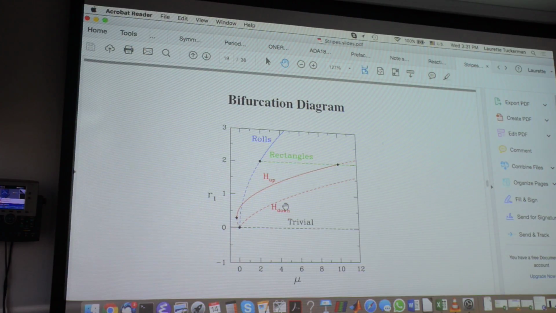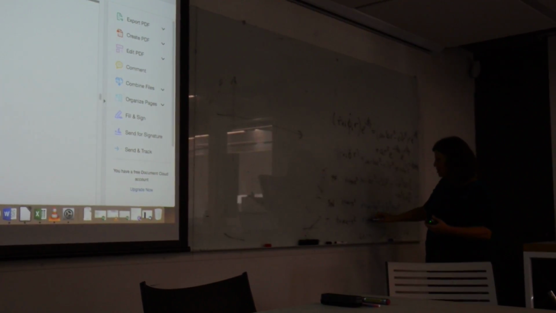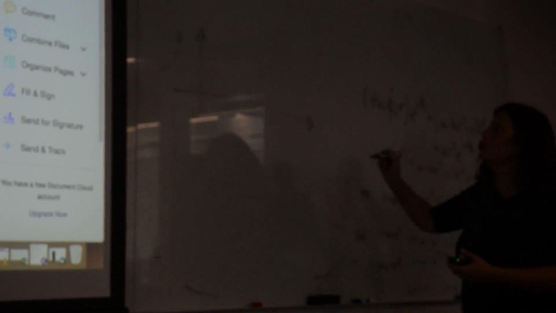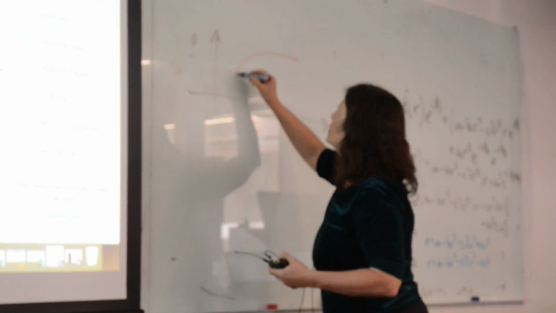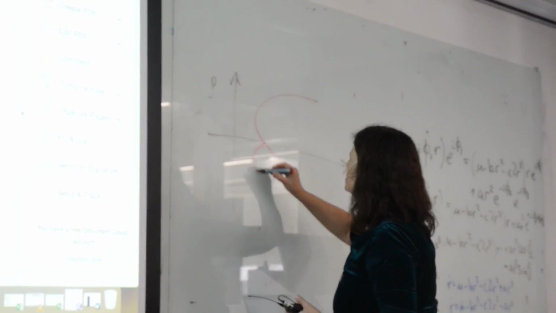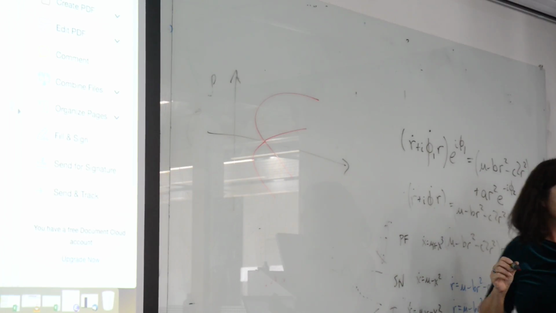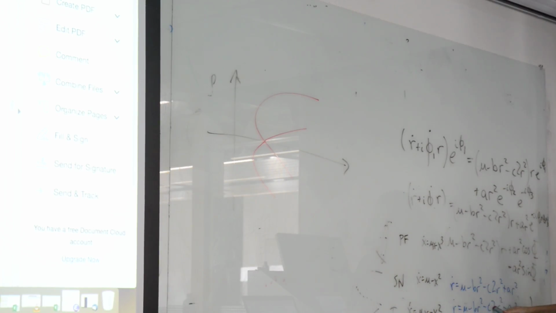We end up with the solutions to these, once you set these to be 0, are a curve like this, and another one like this. Okay, that's these 2. 2 solutions to this and 2 solutions to this.